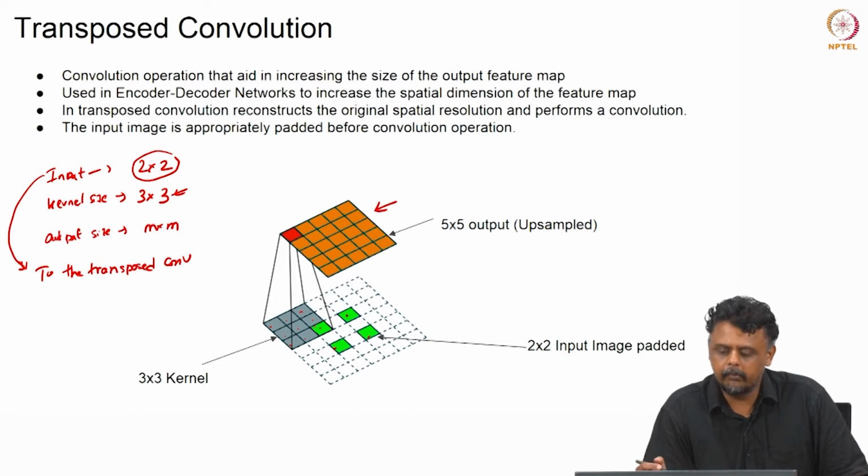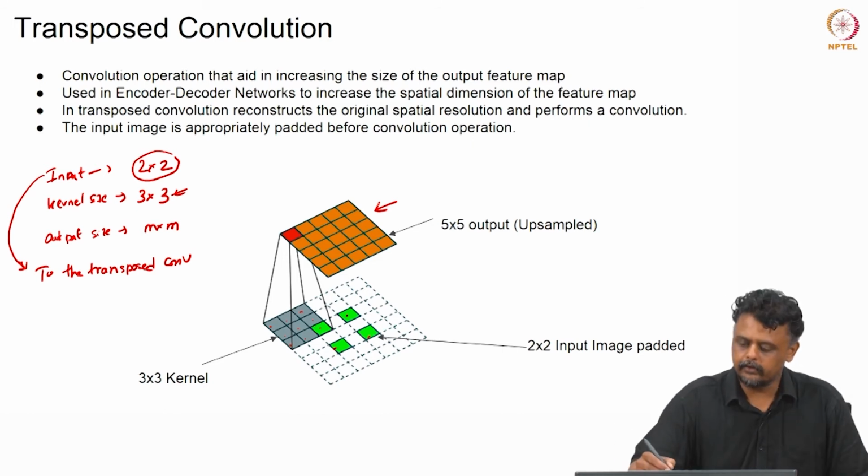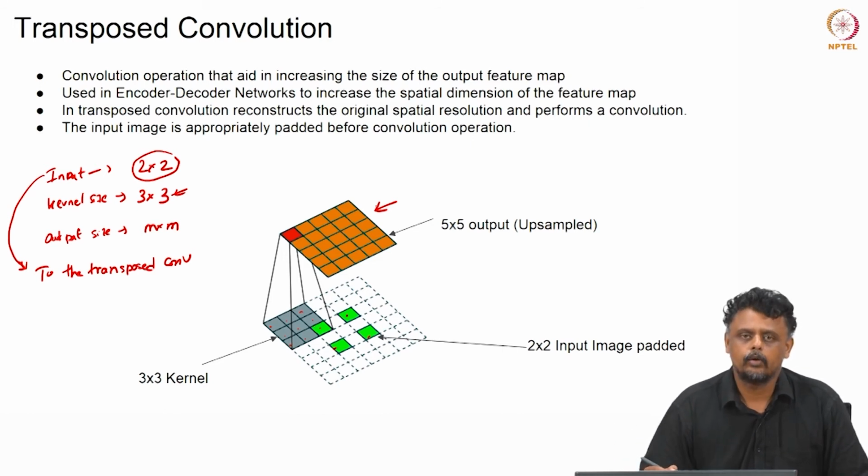So, if you think about it, the idea is what input feature size, when convolved with a filter kernel of size 3 by 3, would give rise to a 2 cross 2 output. That is what we would have to figure out.